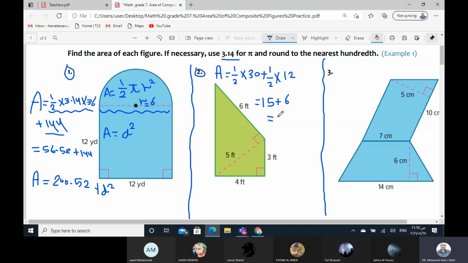Now 15 plus 6 will be 21 feet squared. Okay, who has any question here? No questions. Try to solve exercise number 3.